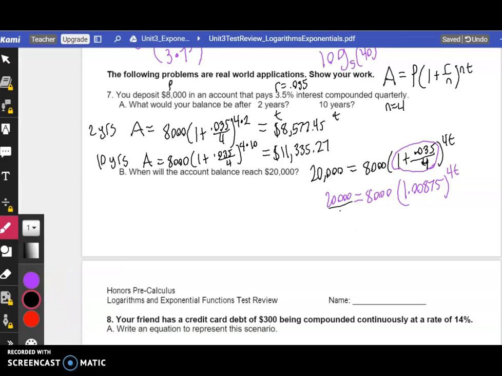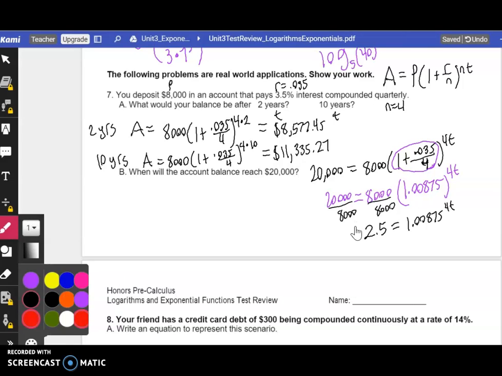We're going to divide both sides by 8,000. 20,000 divided by 8,000, that's 20 over 8, which is 10 over 4, which is 5 over 2, so 2.5. So we have 2.5 equals 1.00875 to the 4t power.